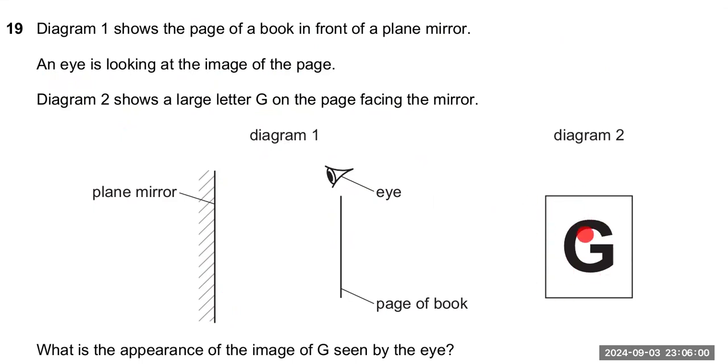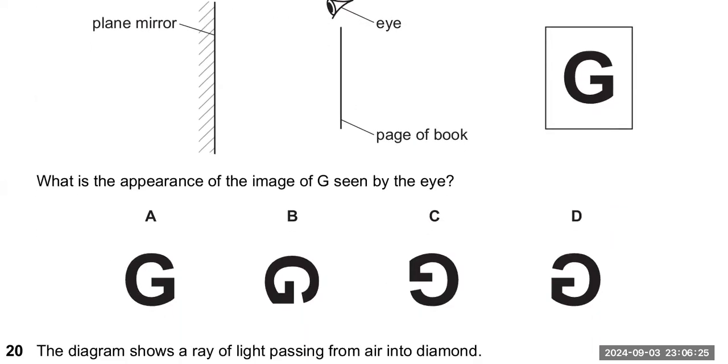You have to place this page in front of the plane mirror, and an observer's eye has been shown at this position. The question is in which shape the observer will see the letter G in the mirror. I'm repeating that: what is the appearance of the image of G seen by the eye?